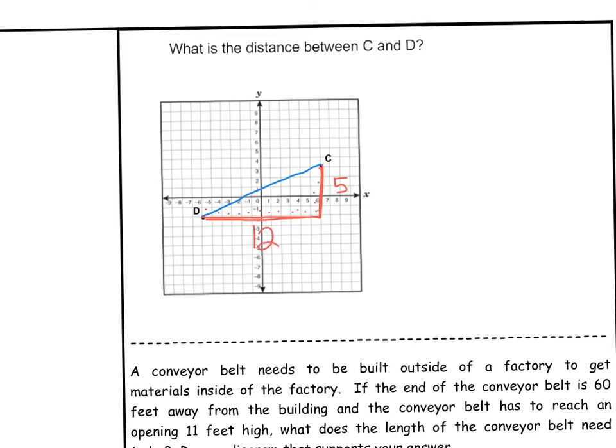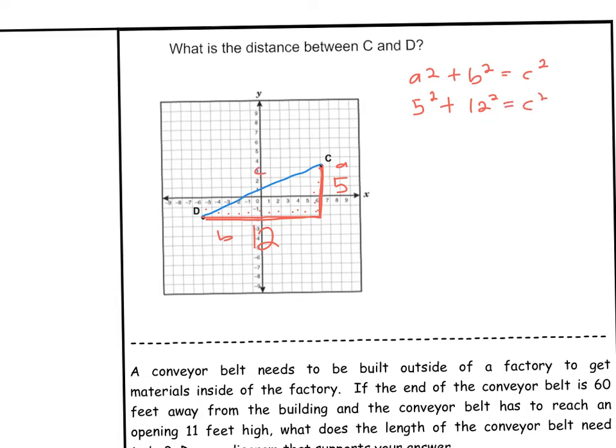Okay. Then plugging in what we know into our formula, A I will make as 5, B as 12. So plugging those in, I'll have 5 squared plus 12 squared is equal to C squared, which we do not know.